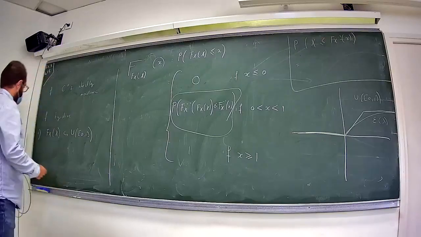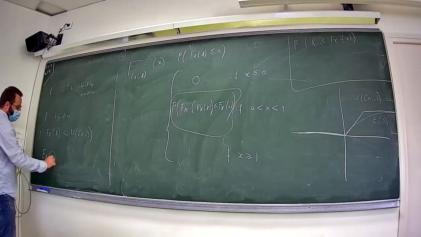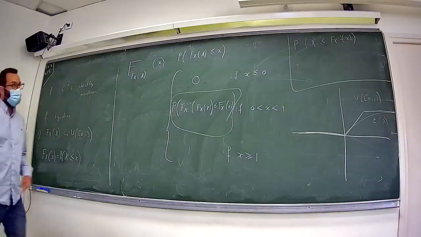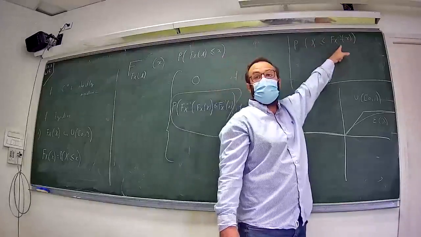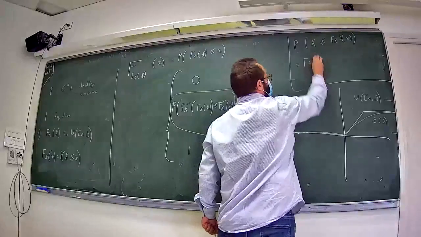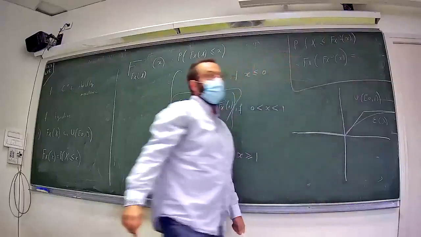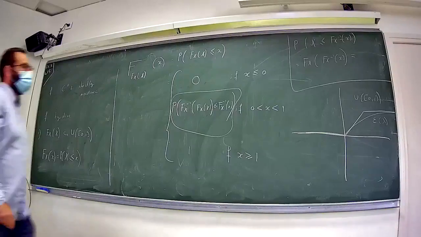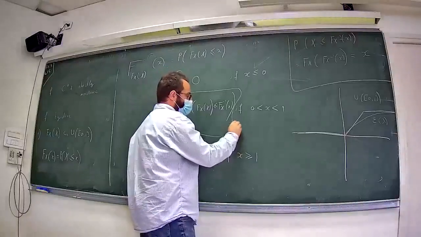Keep in mind that what I define as F_X of small x is the probability that capital X is less than small x. So here you have the distribution function of capital X at this point. So I can write this as F_X of F_X minus 1 of small x. And what is this? Small x. So the term I have computed in orange is small x.